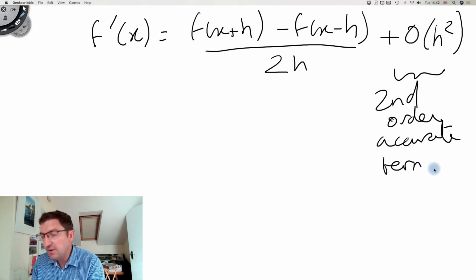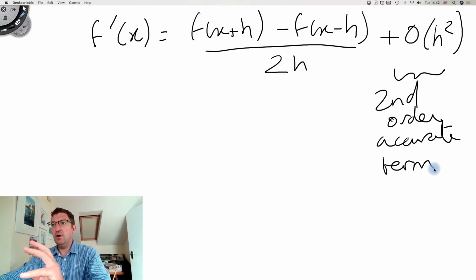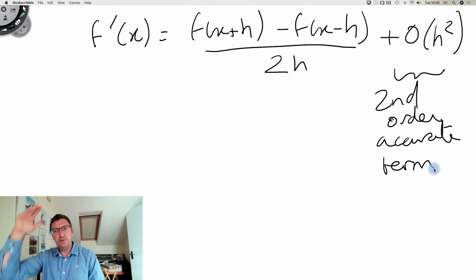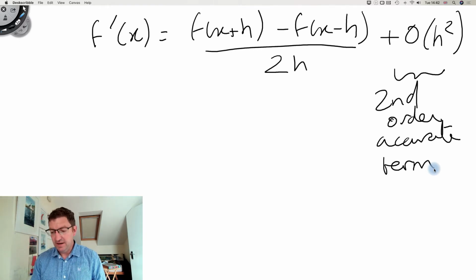Given I'm conscious this is fairly revision from last year, I'm not going to go forward into other examples, but there will be a short part of the coursework which will be deriving a fourth order formula for either f prime or f double prime. And the trick is, the higher the order accuracy you want, the more equations you start with. So you start bringing in f of x plus 2h, f of x minus 2h.